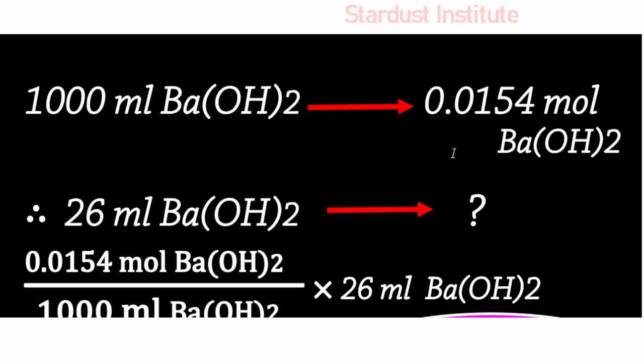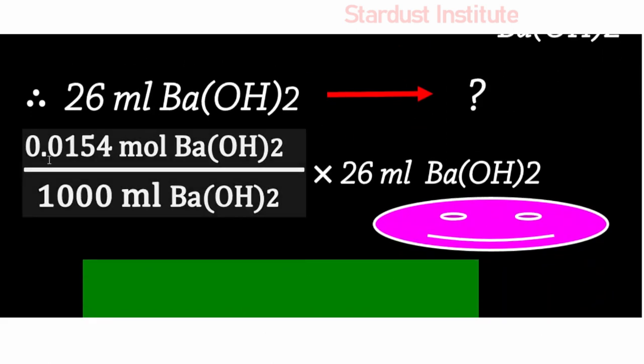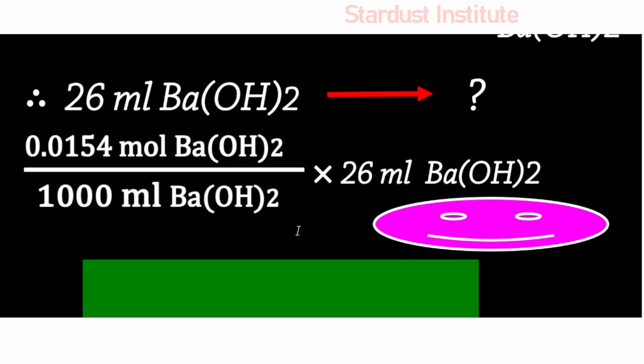We can find the answer in this way: 0.0154 mole barium hydroxide divided by 1000 milliliters barium hydroxide multiplied by 26 milliliters barium hydroxide.